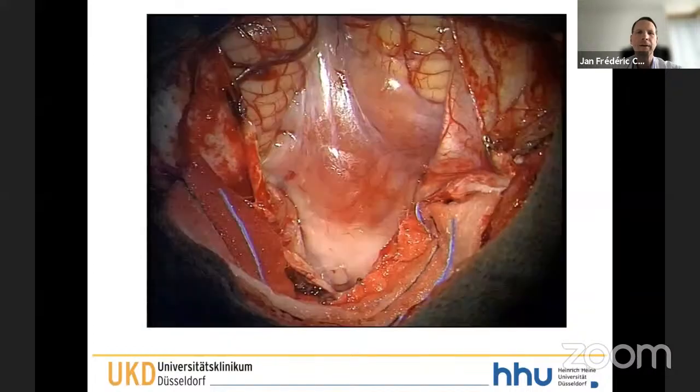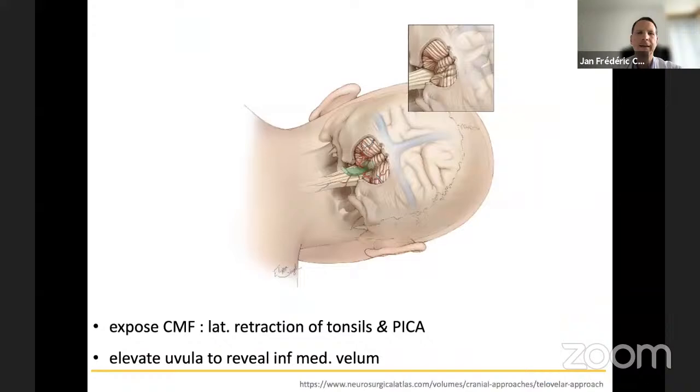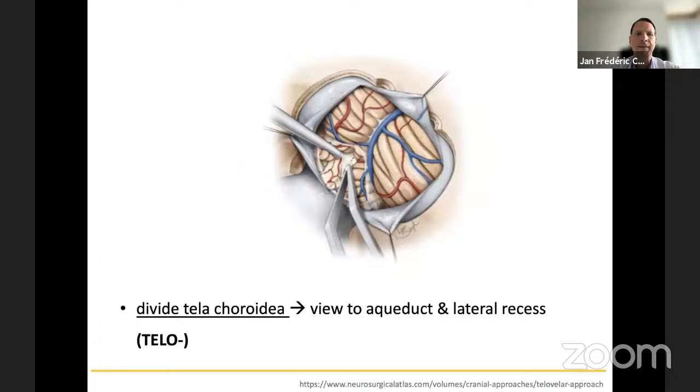So this gives you the view, and then, as nicely described by Eckhart, you start your exposure with an elevation and slight lateral retraction of the tonsils, and you should look out for the PICA, and then you elevate the uvula to reveal the inferior medullary velum, and so the division of the tela.